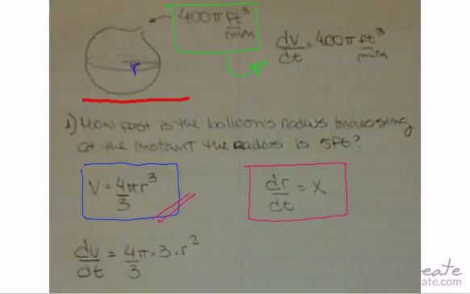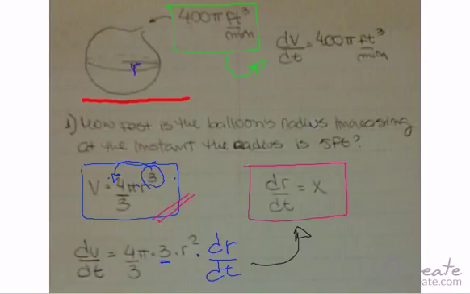I took this 3 over here and put it in front, as you can see here, and I'm still multiplying 4 pi over 3 times r squared. And this we need to do times the derivative of r with respect to t, which happens to be what I'm looking for.